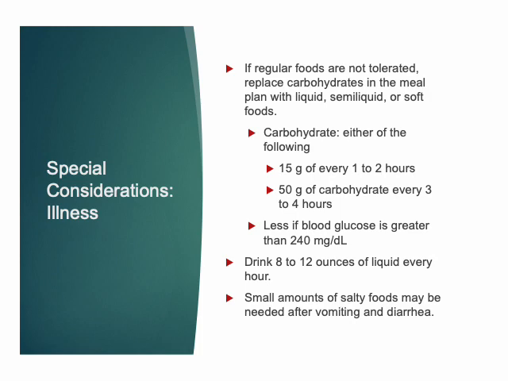And we want to provide carbs in either 15 grams every 1 to 2 hours or 50 grams every 3 to 4 hours. Of course, if our blood glucose is higher, then we need to provide less. And so we have to make sure that we're monitoring the actual blood glucose frequently.